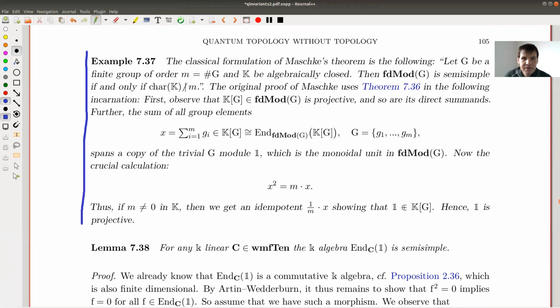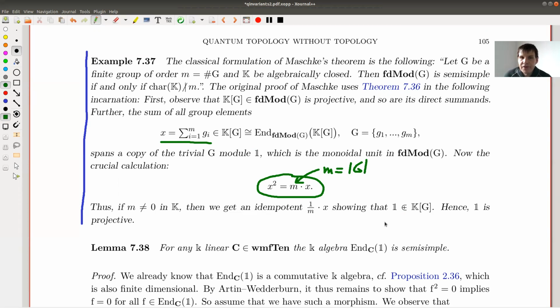So for finite groups, what you can do is write down a certain idempotent in the group ring, which is just the sum over all group elements. It's a finite group, so you can sum over all group elements. And that's basically an idempotent. The problem is if you square it, you see the group order. So m is the order of the group times itself.